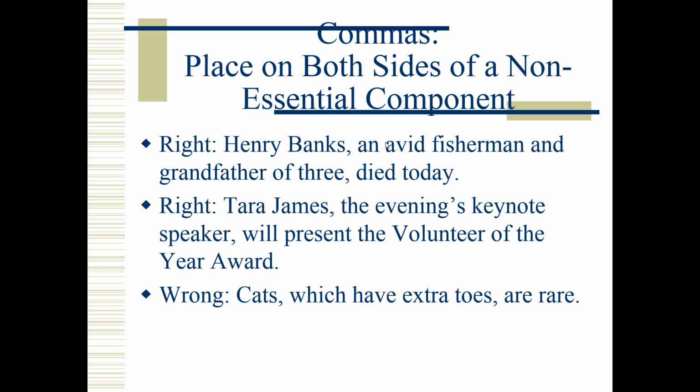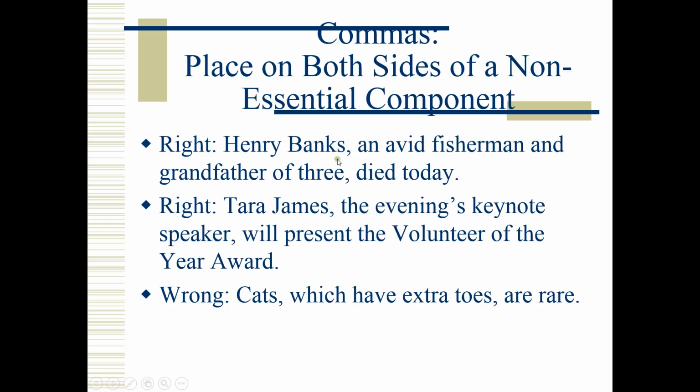would we have some idea of what Henry Banks did? Yeah, we would know that he died. So you see how we just have a transitive verb that can double as its own object.